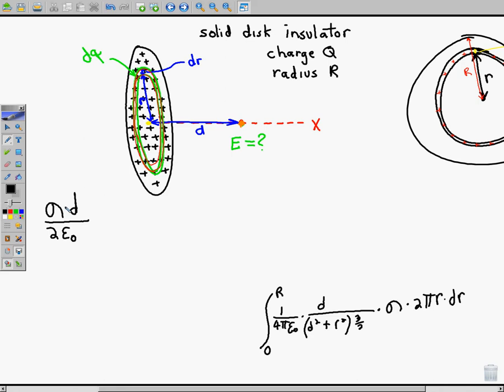And then this is going to be the integral from 0 to R of r over d squared plus r squared raised to the 3/2 dr.